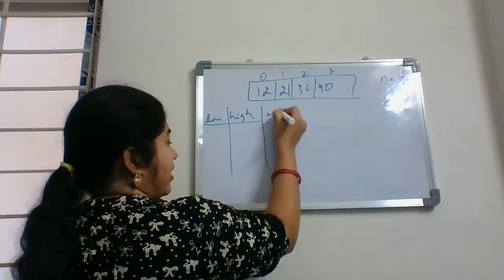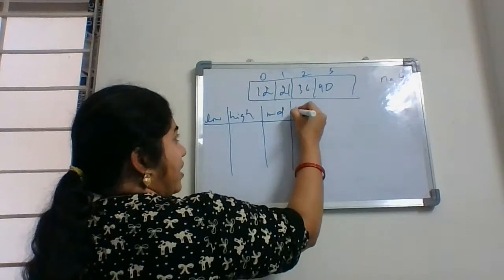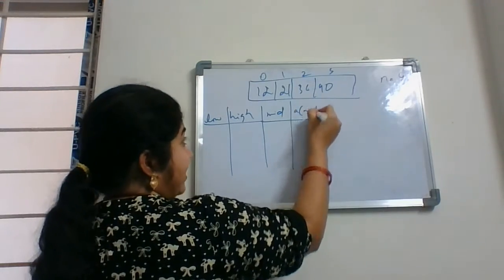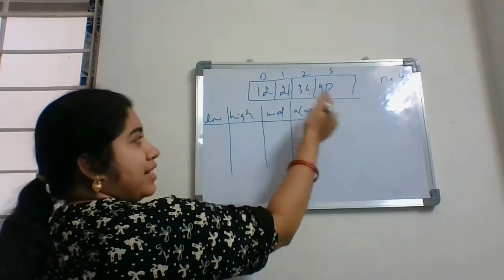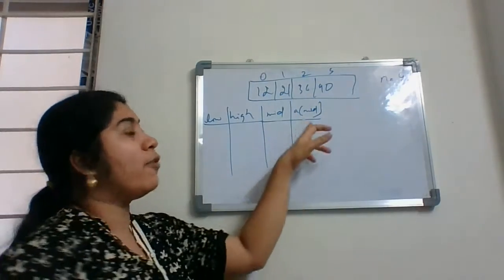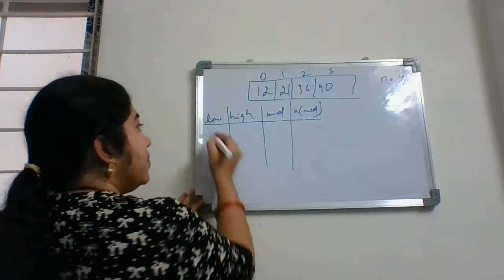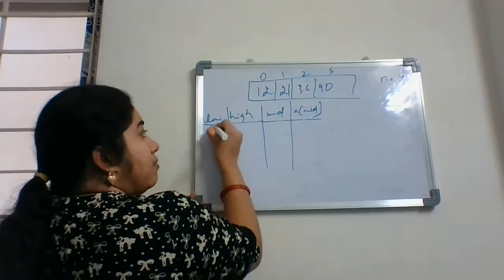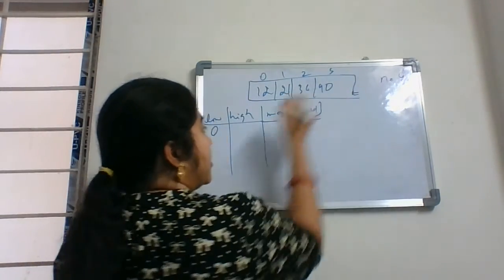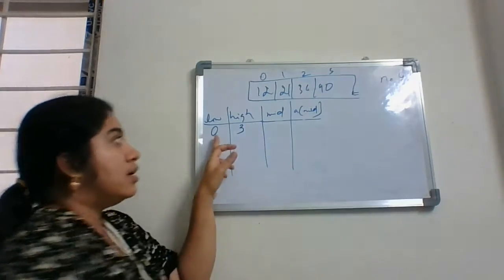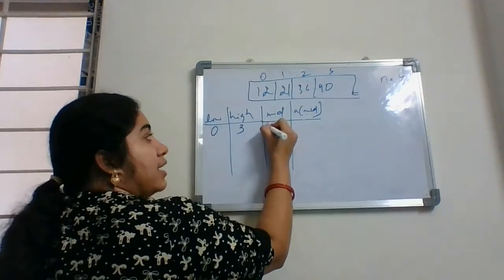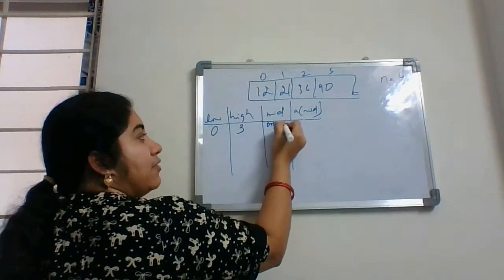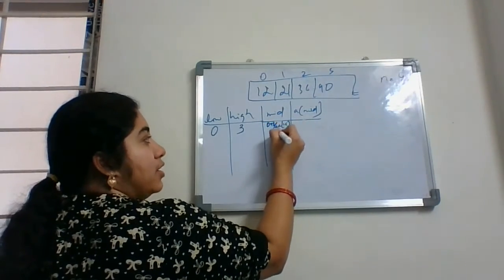Mid will be pointing to some index value, and there you are going to find the value present at that particular index. Initially low is 0, and high is 3, as I told earlier. So I have to calculate the mid: 0 plus 3 by 2 is the floor of 1.5, so it will be 1.